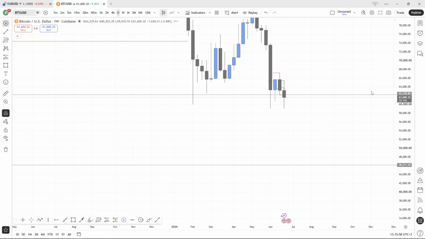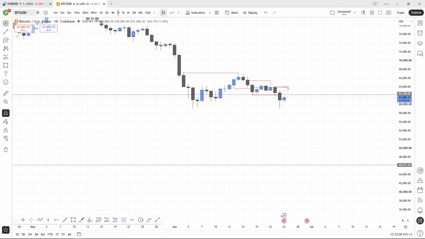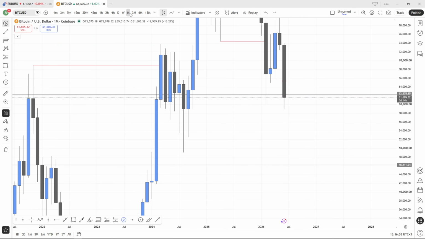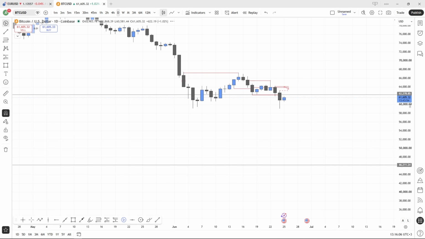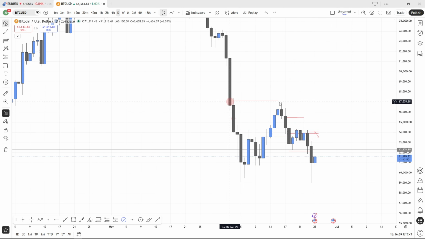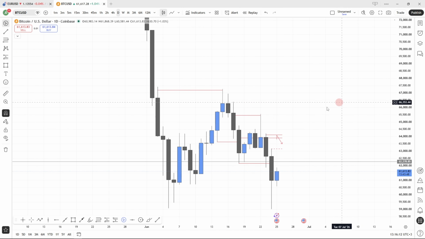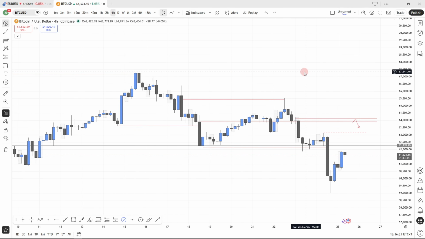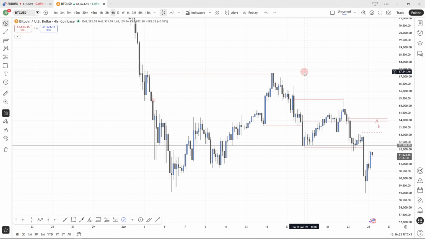So this is what we saw on the daily. Let me check monthly. Well, yeah, daily. On the daily, I think this is not aligning because of the refinement I've done. Let me go to the fours.